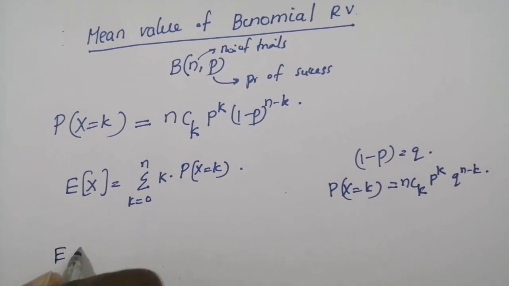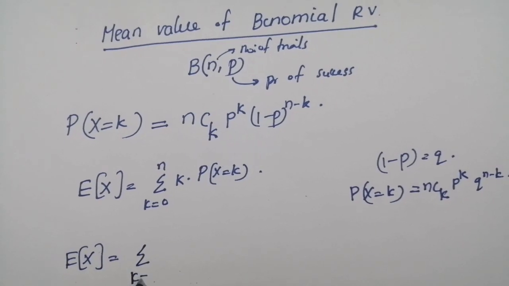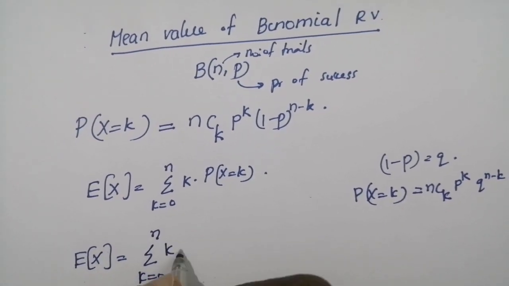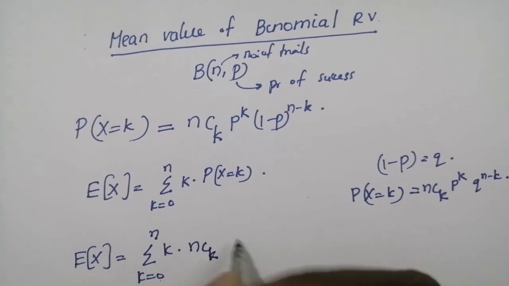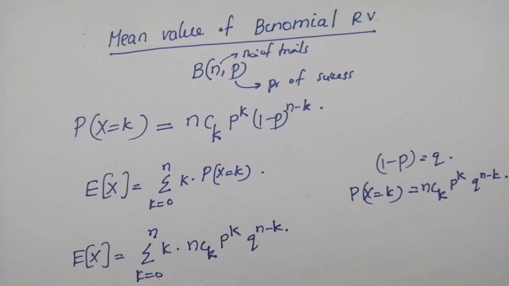Now E[X] can be written as the sum from k equal to 0 to n of k times nCk p raised to k q raised to n minus k.